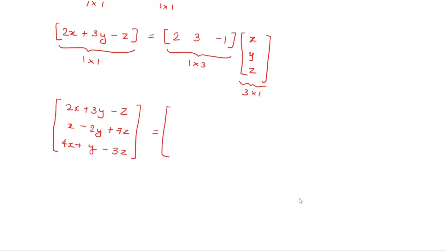And then our right hand side would be the column vector 4, 2, 0.